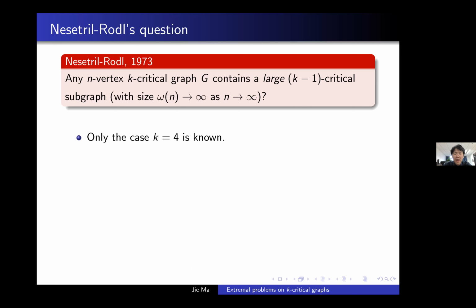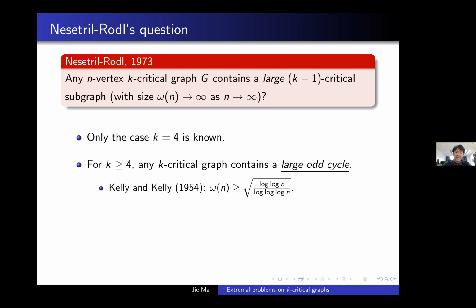For this question, it's only known when k is 4, because when k is 4 we are looking for odd cycles, and that's easy. But when k is at least 5, there's no construction, there's no characterization for such critical subgraphs, so we don't know what we are looking for, and that's basically the difficulty.